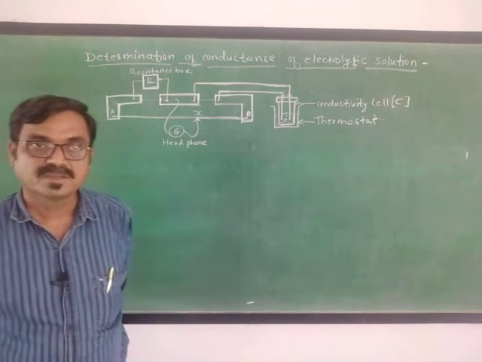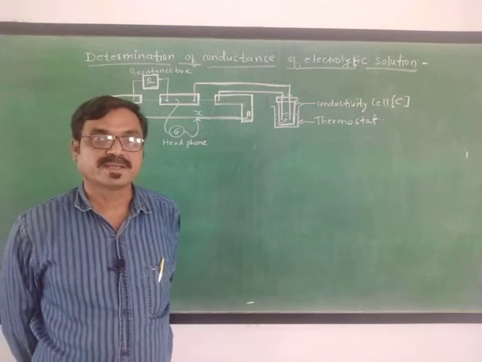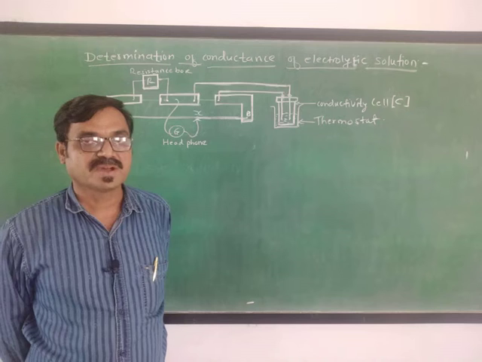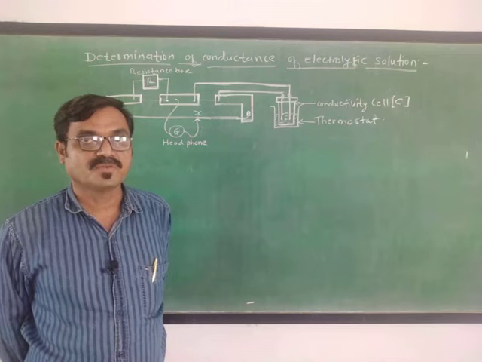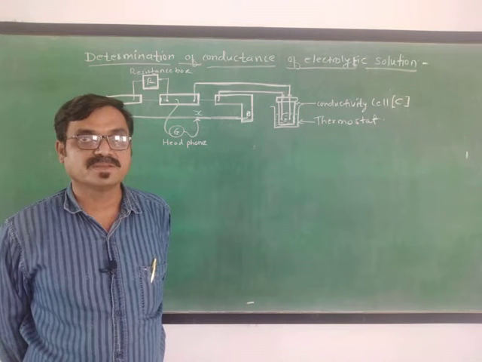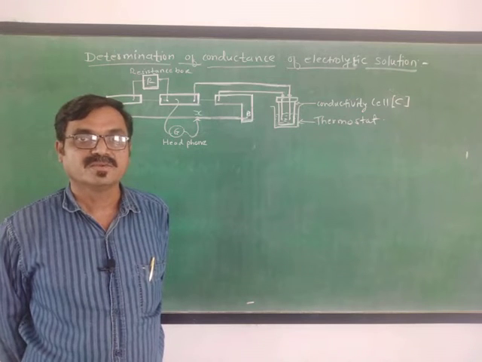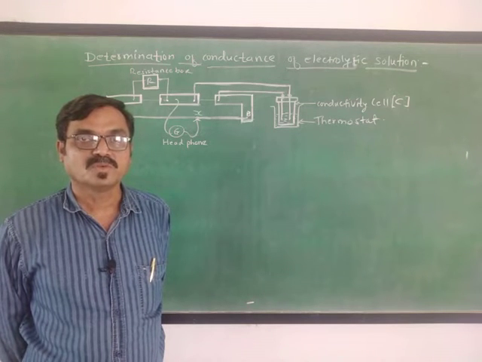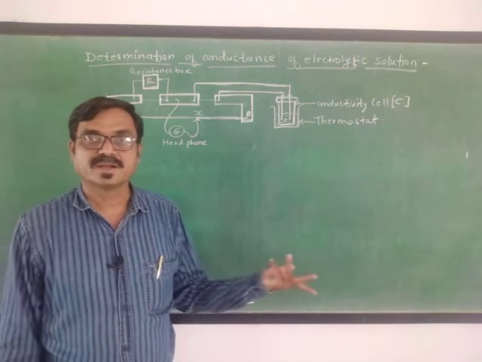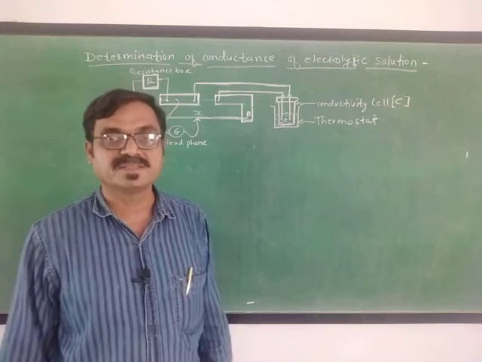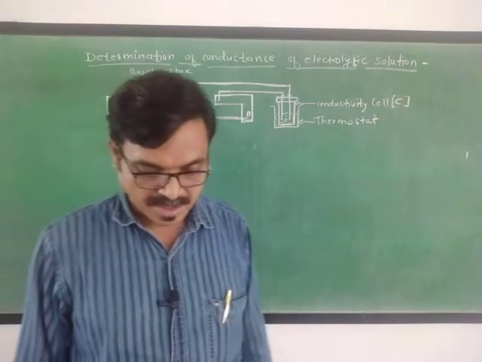You know that conductance is the reciprocal of resistance. That's why if we are able to measure the value of resistance of the solution, then easily we are able to know about its conductance, because there is a reciprocal relationship between resistance and conductance.